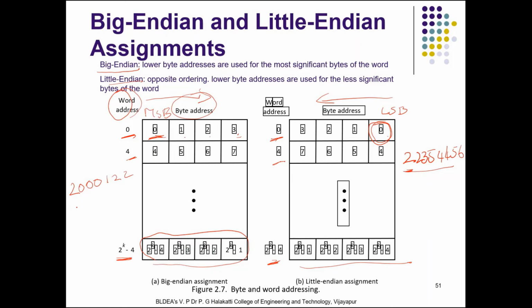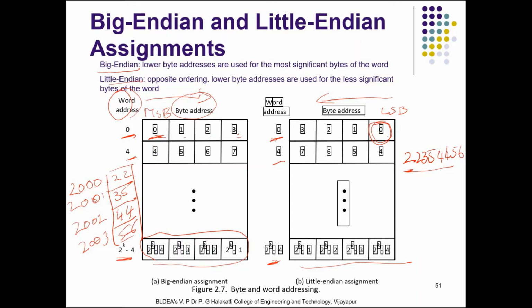Then at 2001, let me draw it in this way so that it becomes more clear, the next set of number. Then at 2002 we have 44, and at 2003 address we have 56, right?